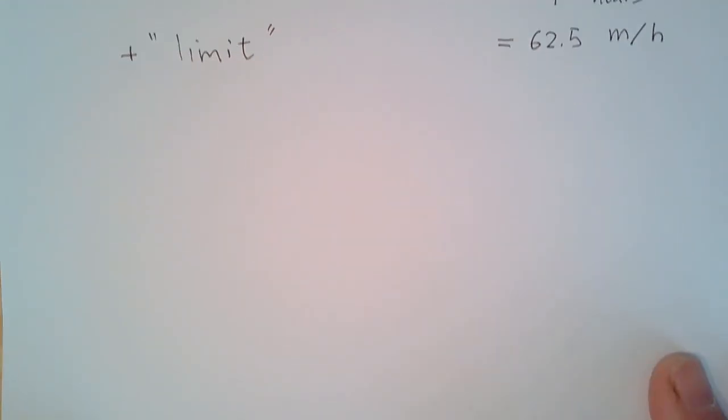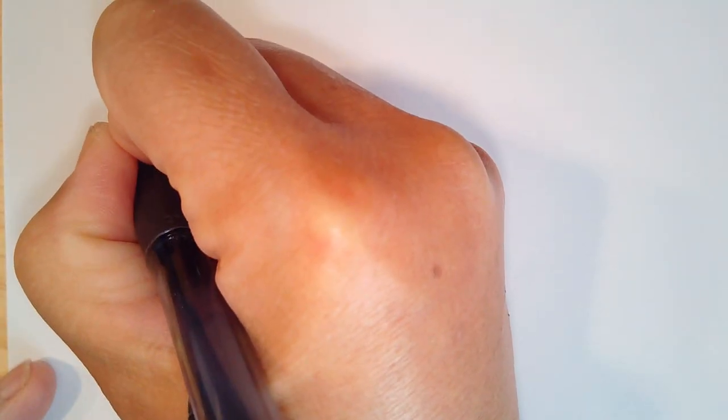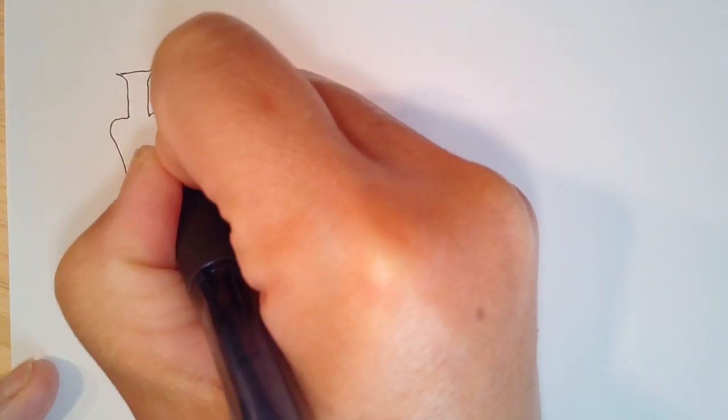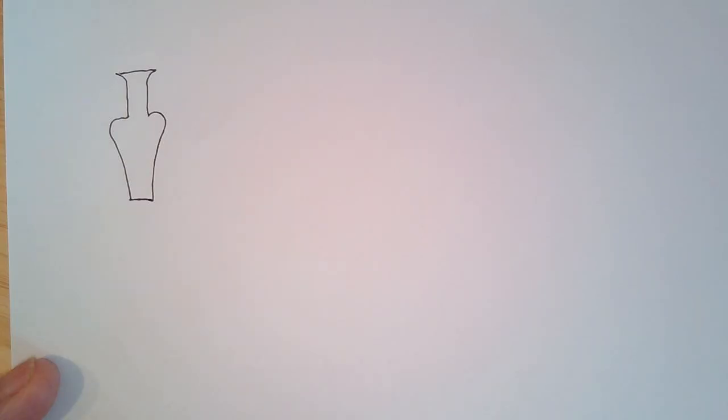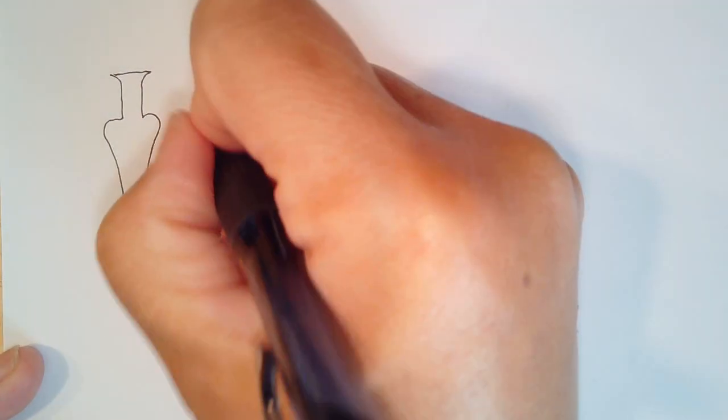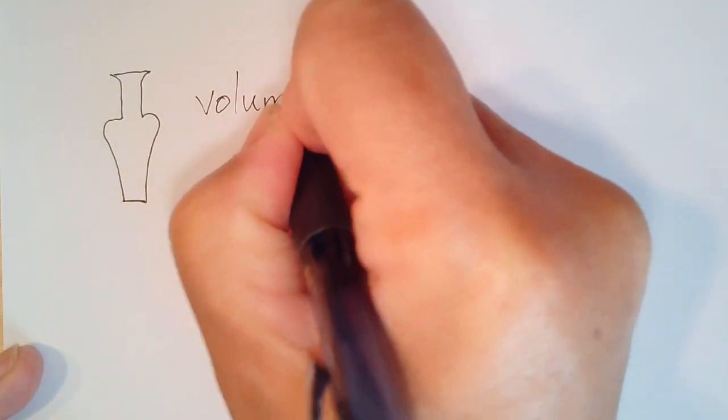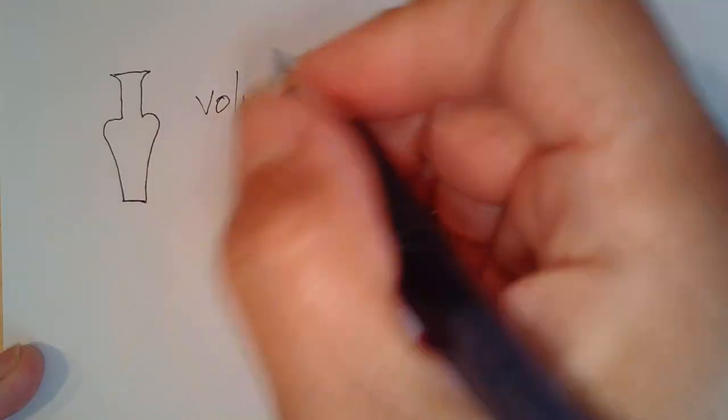Let me give you the second example. For example, you have a vase. Just try to make it very irregular. Okay, it's a vase. Can you find the volume of this vase?